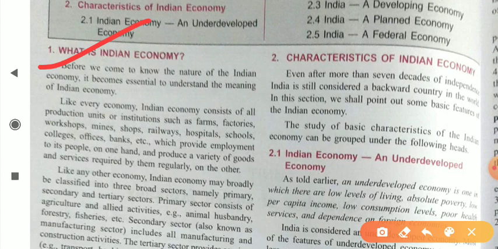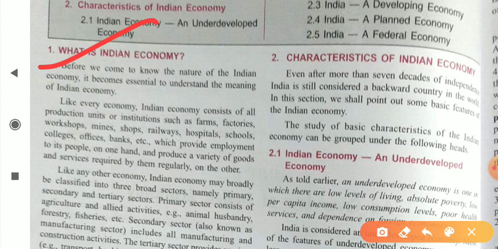The very first question is, what is Indian economy? Dear student, before going through the nature and the characteristics, we have to understand what the Indian economy is. Like every other economy, our Indian economy consists of all producing units or institutions such as farms, factories, workshops, mines, shops, railways, hospitals, schools, colleges, offices, banks, etc., which provide employment to its people on one hand and produce a variety of goods and services required by them regularly on the other.